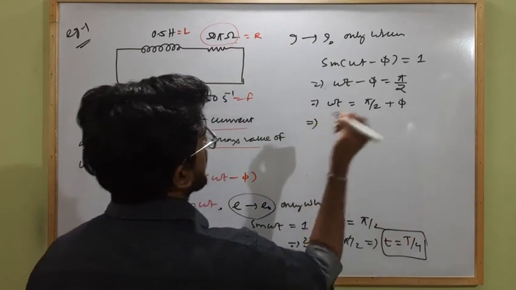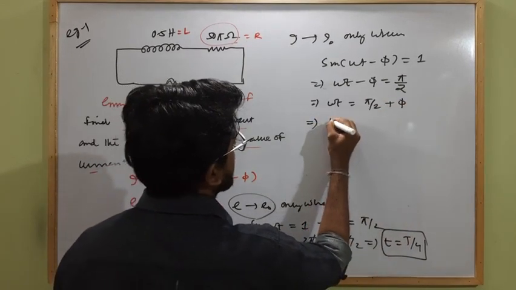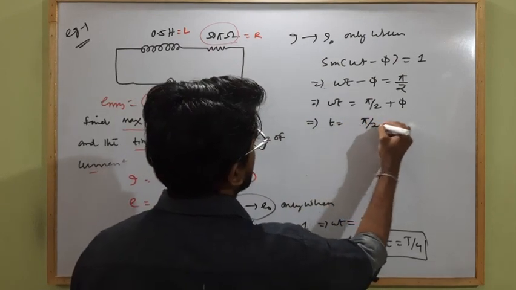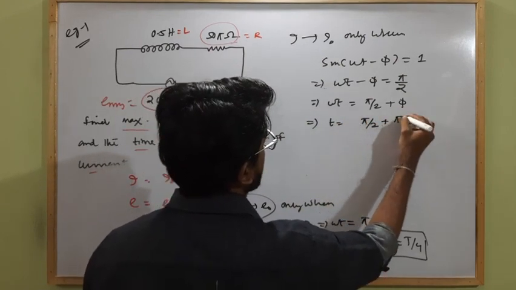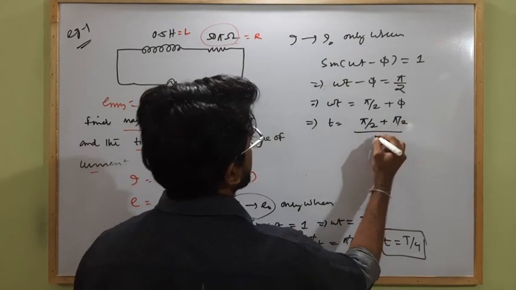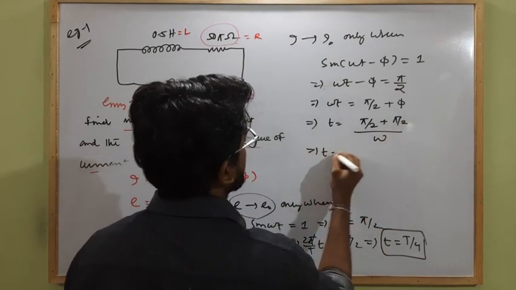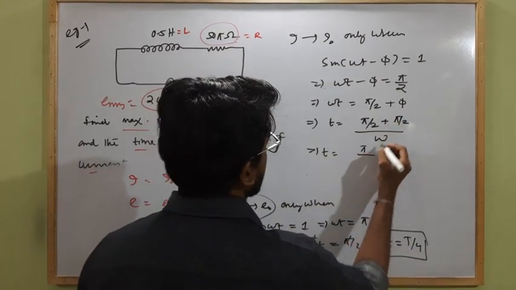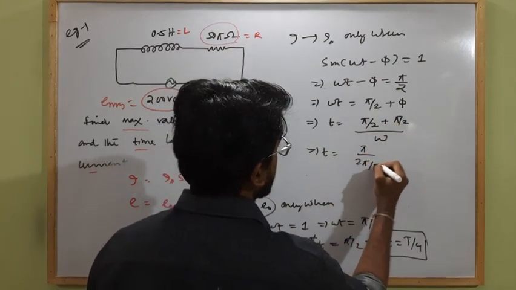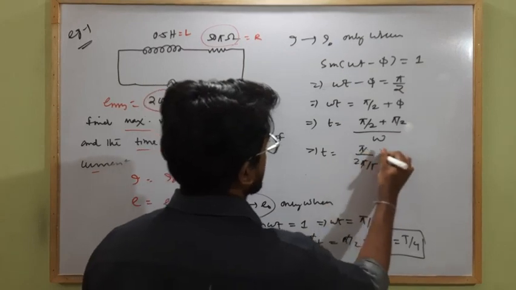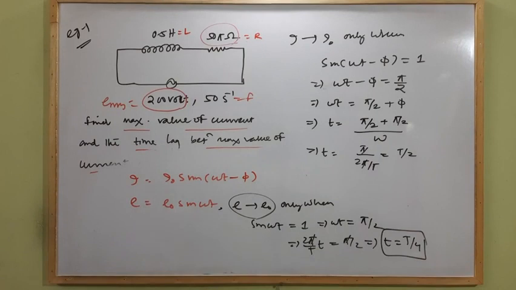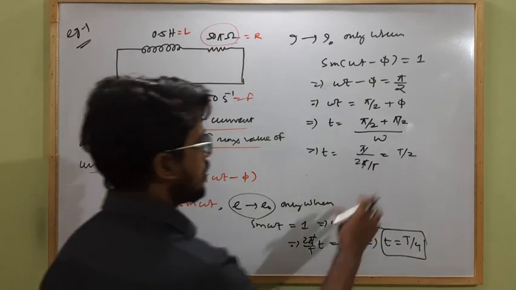So we can write t equals how much? Pi by 2 plus phi, that is pi by 2 plus pi by 2, will be pi divided by omega. So t equals pi divided by 2 pi by T. So 2 cancels, it will be T by 2. Clear?